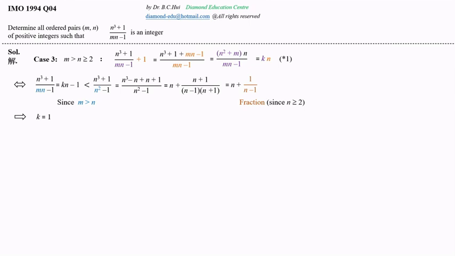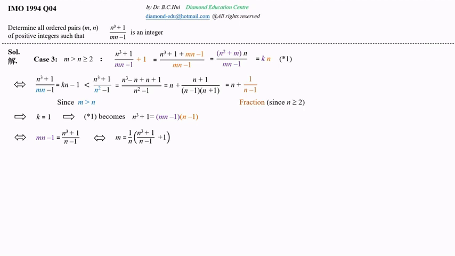So the only possibility is k equals 1. So equation 1 becomes n^3 + 1 equals the product of (mn - 1) and (n - 1), or mn minus 1 equals (n^3 + 1)/(n - 1).